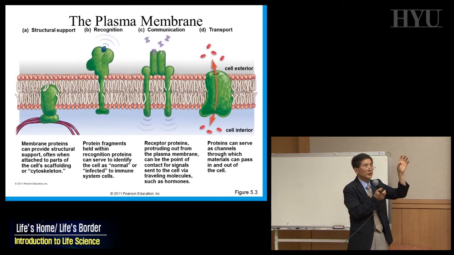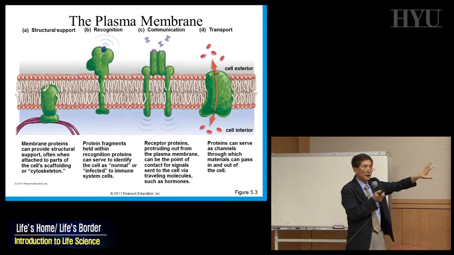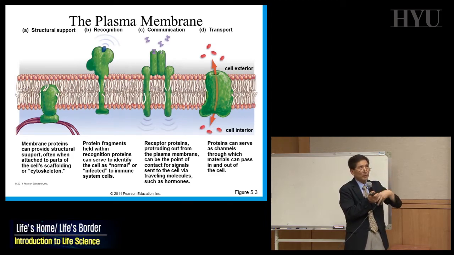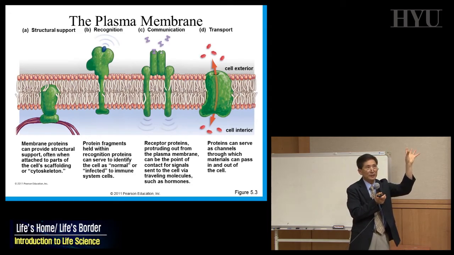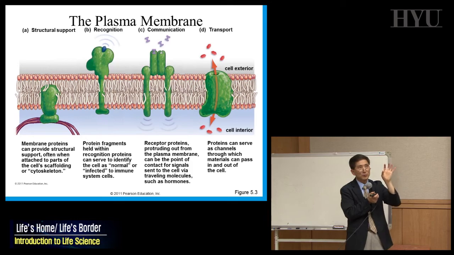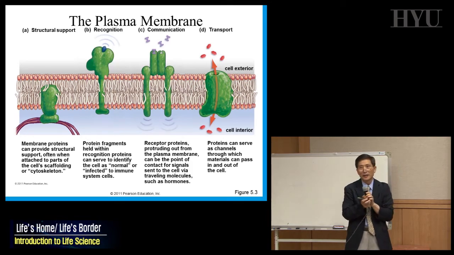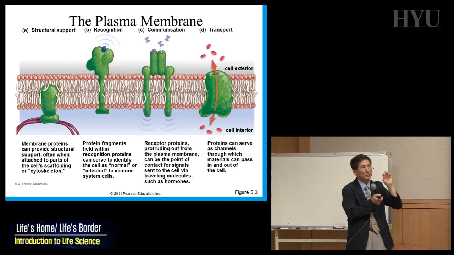Then the army goes through and these are our side. They don't attack. But if a cell is infected by a virus or some bacteria, those cells chop up some of the viruses and present them to the outside of the cell, telling, I'm infected, so kill me. Then the army goes through and kills it. That part is called recognition, in other words, immune response.